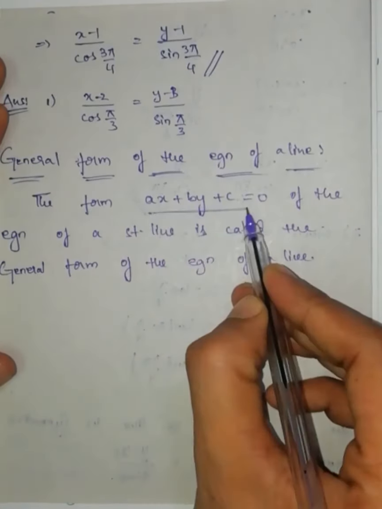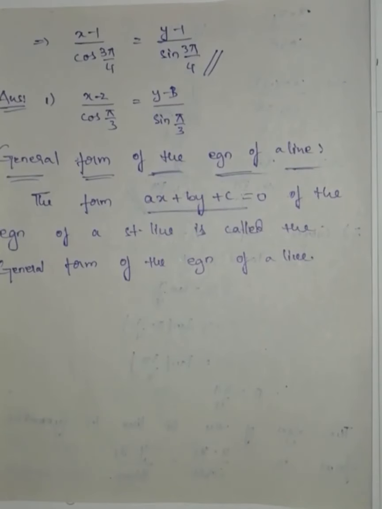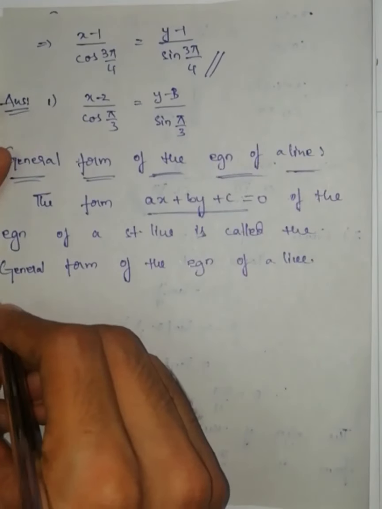This is the general form of a equation of a straight line. Any form whatever we have learned, each and every one can be transformed into ax plus by plus c is equal to 0.